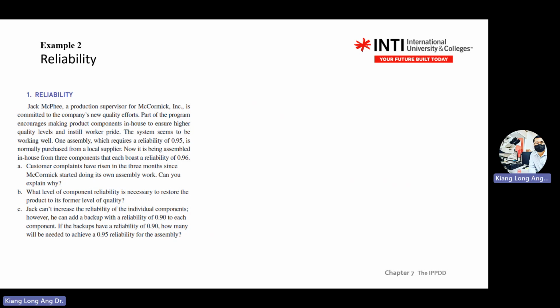R1, R2 in this case is the same. Okay, so it's R1, R1, R1. Now the owner wants to increase the reliability by studying how many backups you need. What do I mean by backup? This is one backup, 2 backups, 3 backups. How many sets does he need so that he gets 95%? You need to do 3 calculations.